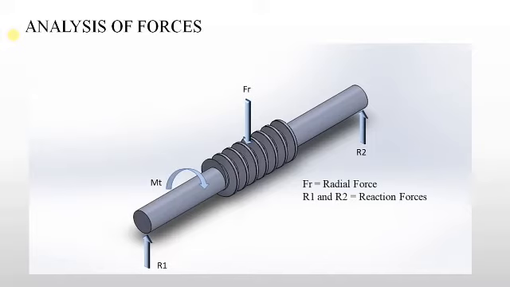In the worm differential drive, there are 3 critical components, which are the worm, worm wheel, and miter gear. The force analysis is as shown here.